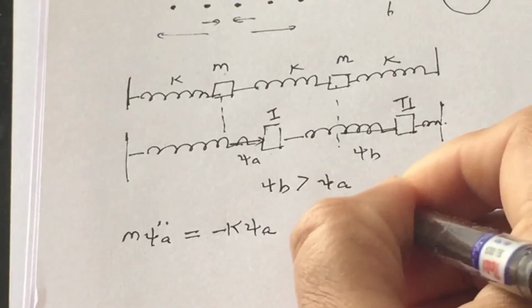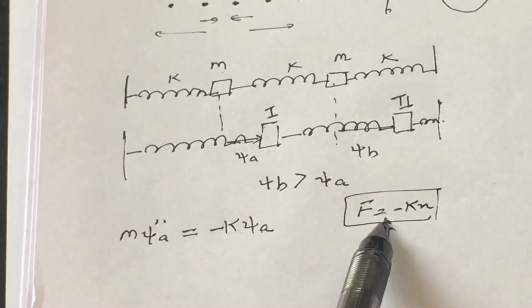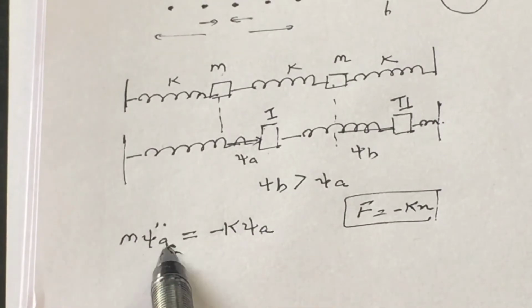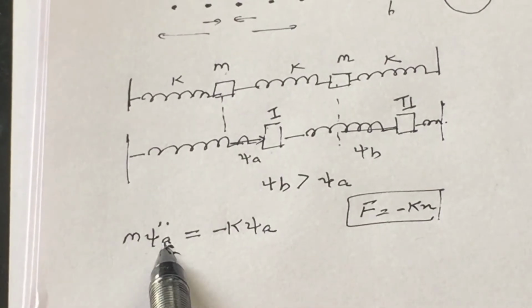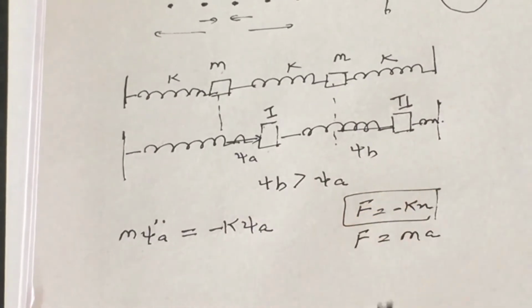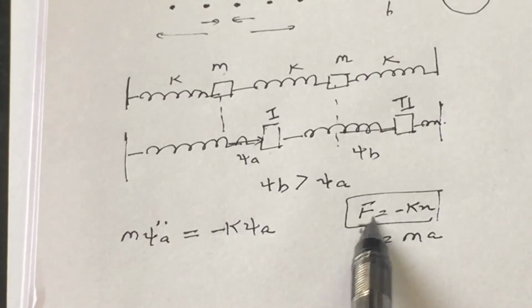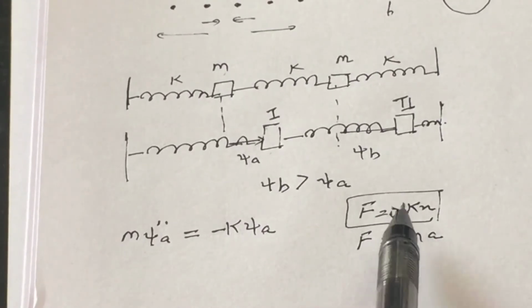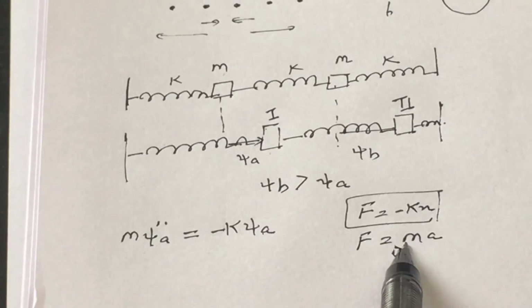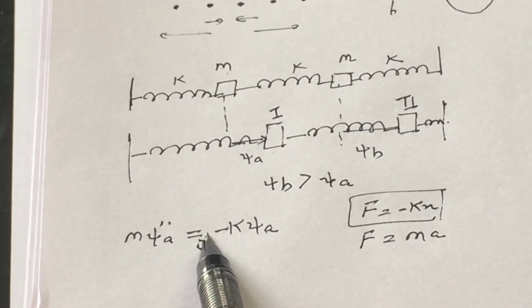As we know, F is equal to minus kx. And what is m psi a double dot? That is mass into acceleration. Again, F is equal to mass into acceleration, and the relation between force and displacement is F is equal to minus kx. If we combine both these equations of force, we get this simple harmonic equation.